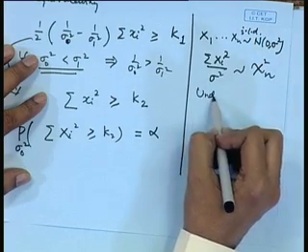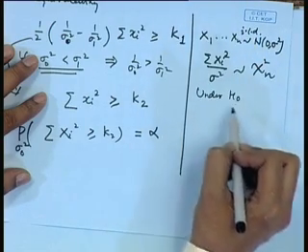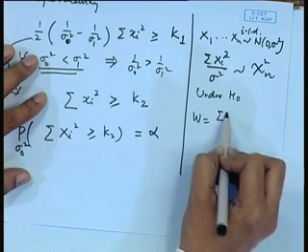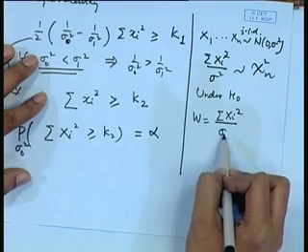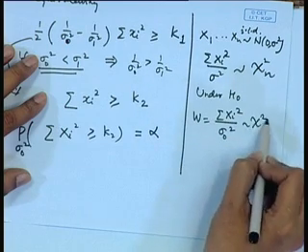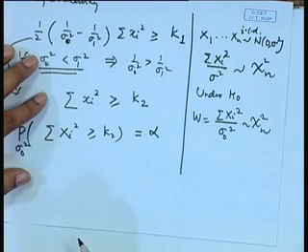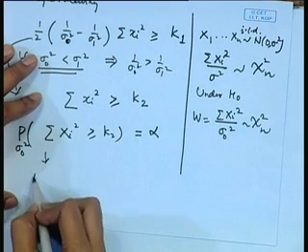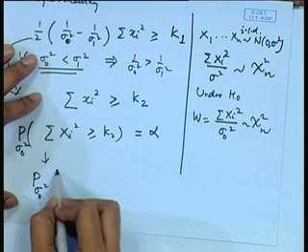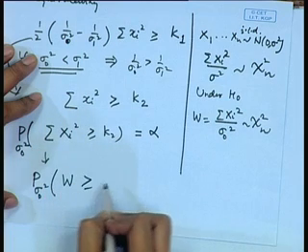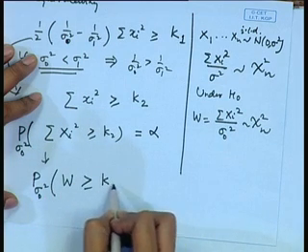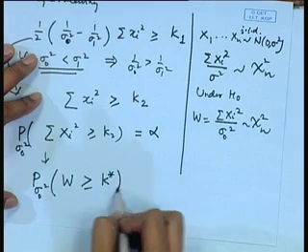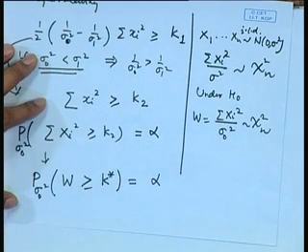So, under H naught, let me call it W, that is sigma x_i square by sigma naught square, that follows chi square distribution on n degrees of freedom. So, we can write down this statement as probability of W greater than or equal to some k star is equal to alpha.